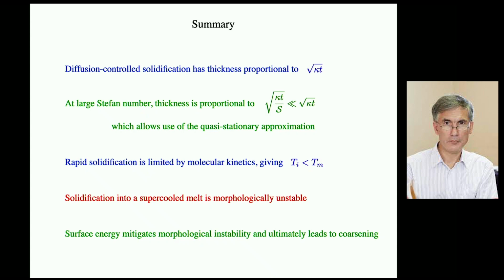That's very important. And that solidification into a supercooled melt is morphologically unstable. I'm going to pick up on that theme significantly in my next lecture on Wednesday. And finally, we've seen how surface energy both mitigates morphological instability and gives it some structure, and ultimately leads to coarsening of our microstructure. So I'll stop there. Thank you.